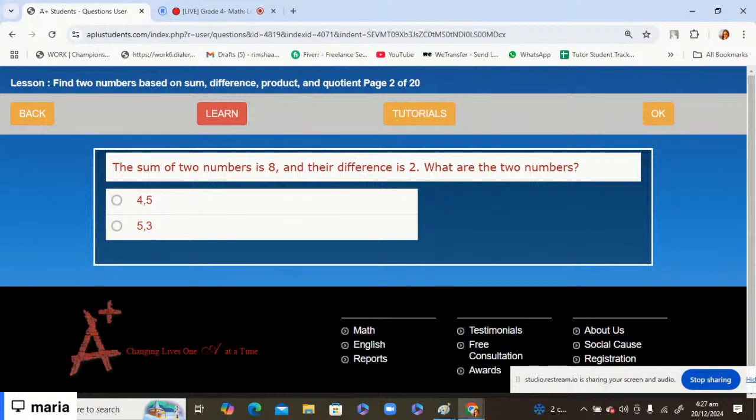First of all, add 4 and 5, then subtract 4 and 5. Then check whether the answers are 8 and 2. For the first one, when you add, you get 8. When you subtract, you get 2.